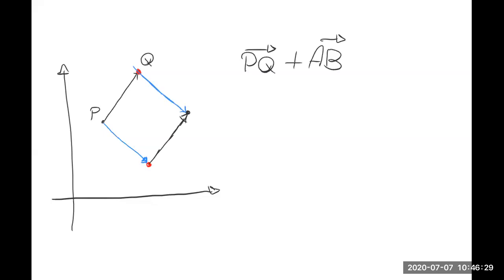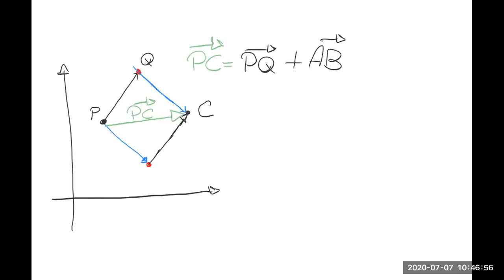There would be an intersection point. Let's call that C. I would connect P to C. Let's use another color. This vector PC is the sum of PQ and AB.